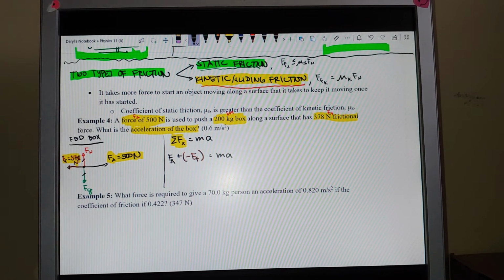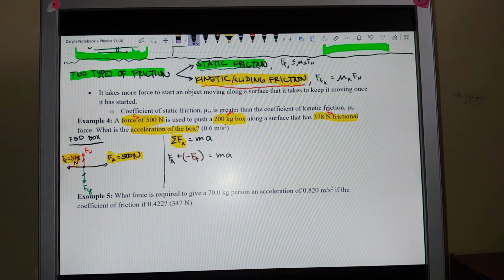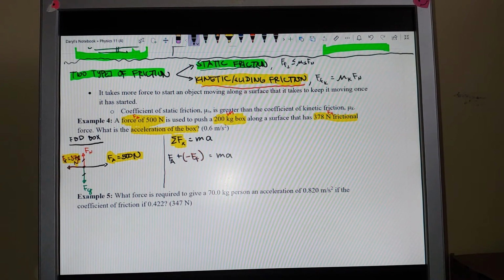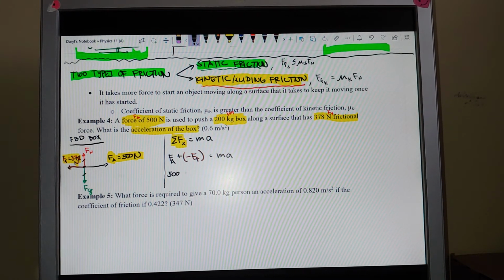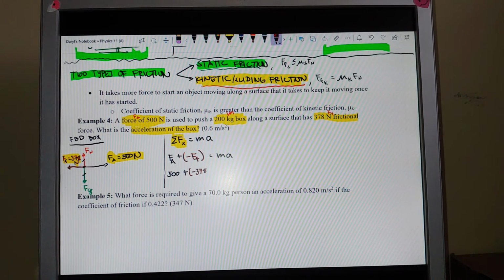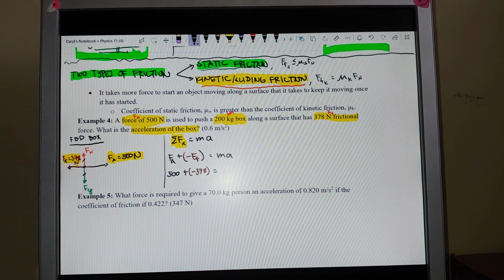Remember that if you have acceleration, the net force is just equivalent to the mass of the object times its acceleration. So Fa is given as 500 plus FF, which is negative 378, and that is equal to the mass.